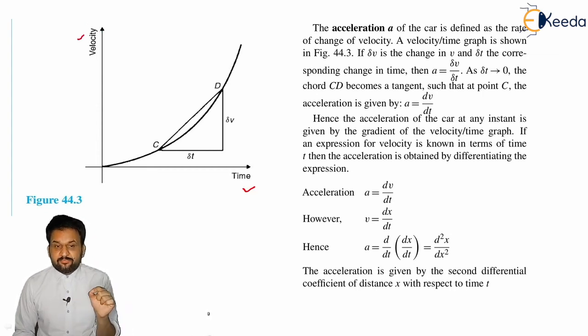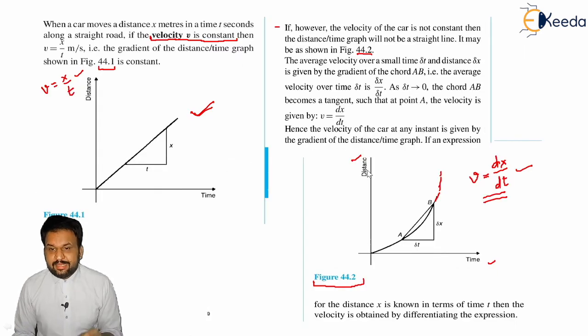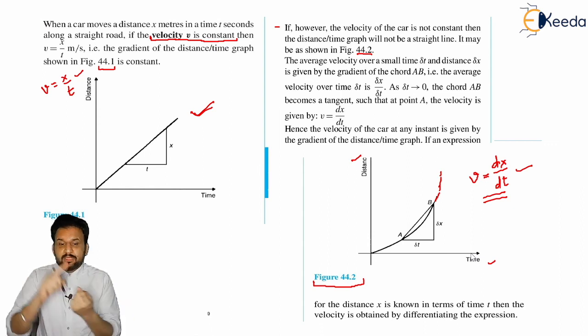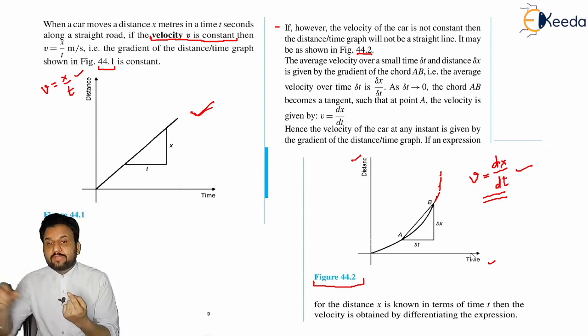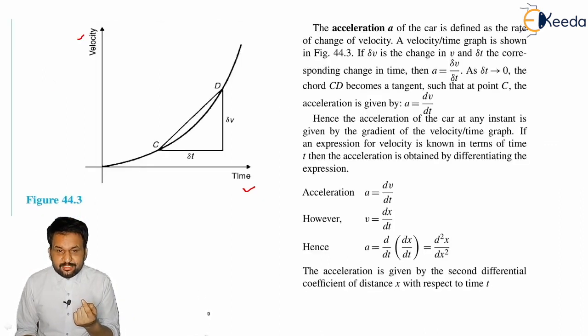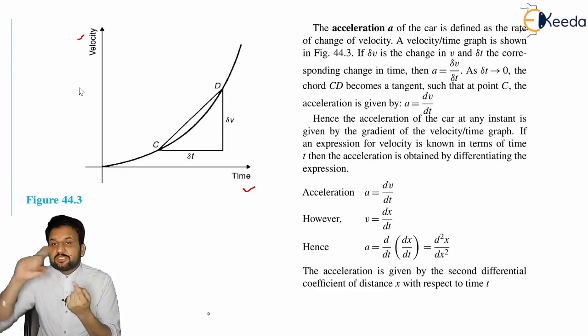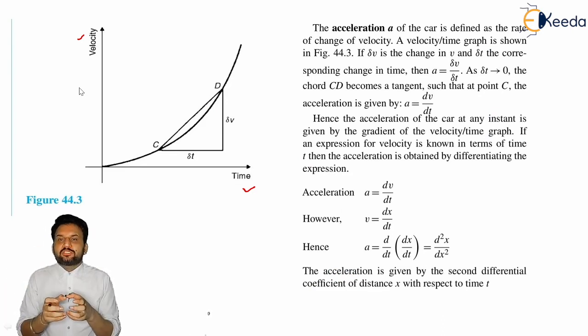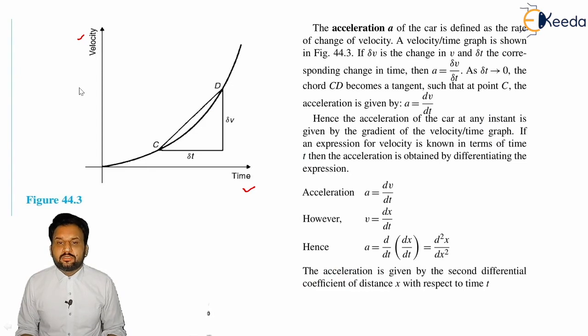In the last figure, one axis was distance and the other time. So we measured the change in distance with respect to time, but now we measure the change in velocity with respect to time, which is known as acceleration. The change in time is delta t, the change in velocity is delta v. That is acceleration, nothing else.